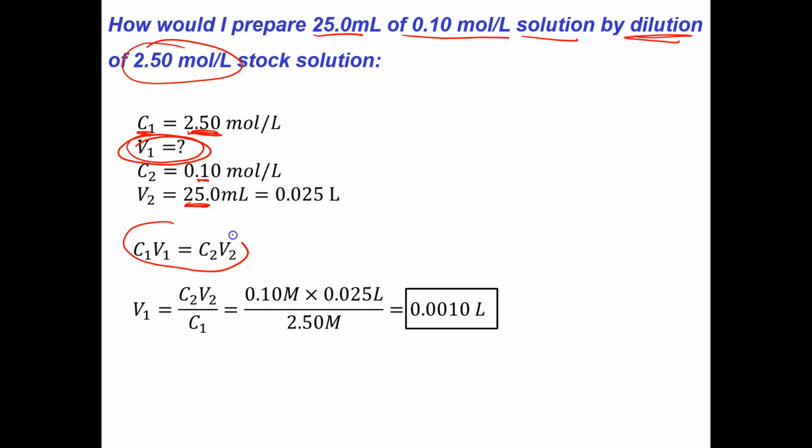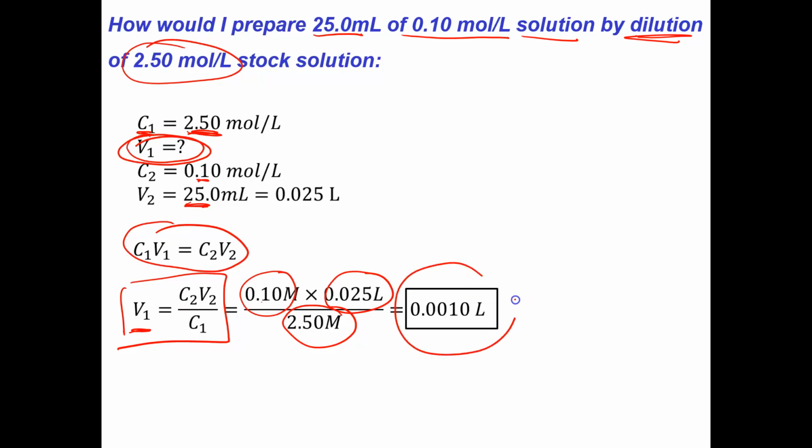So I'm going to take the dilution formula and reorganize it so that I can solve for my missing variable. If I divide both sides by C1, I can solve for what I want. To get the missing volume, I do C2 times V2 divided by C1, and that gives me 0.001 liters.